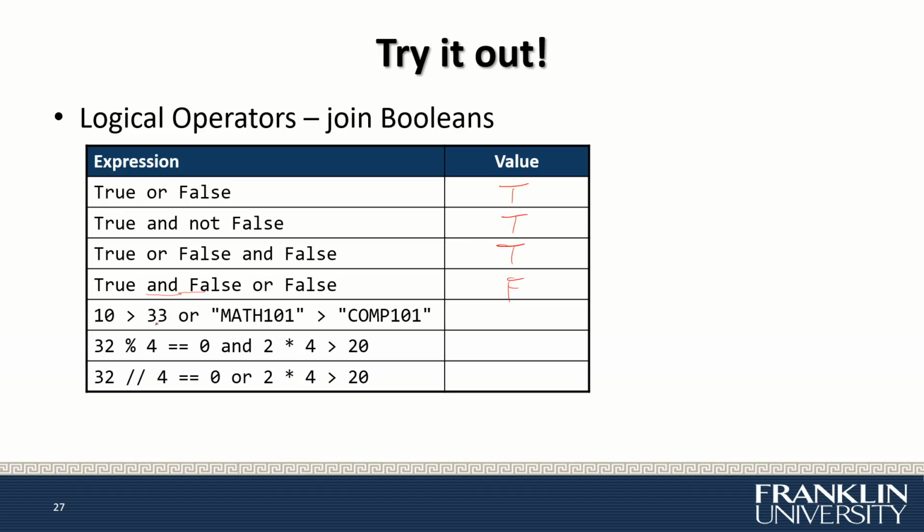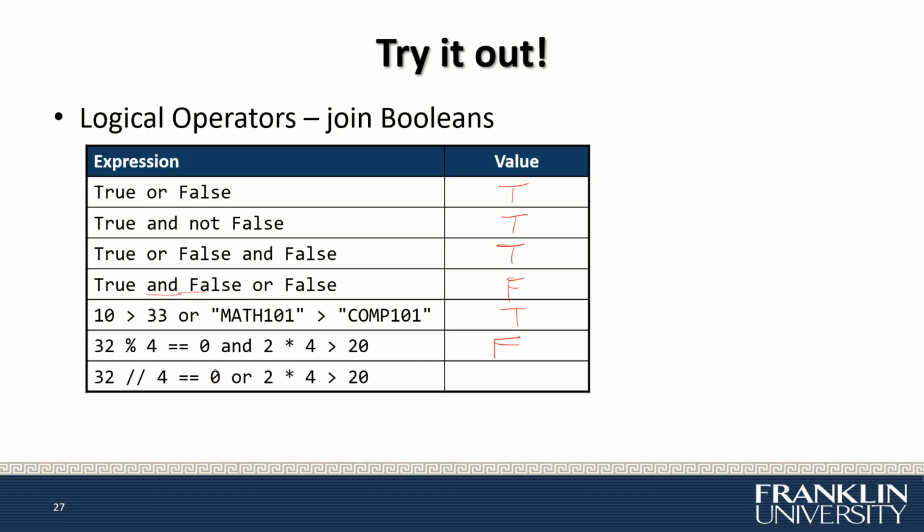10 greater than 33, false. Or "math 101" in string greater than "com 101", this is true actually. So false or true is true. 32 mod 4 equal to 0, that is true. And 2 times 4 greater than 20: 2 times 4 is 8, 8 greater than 20, false. True and false is false.